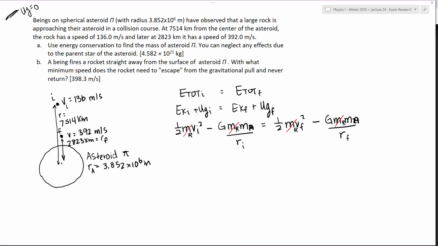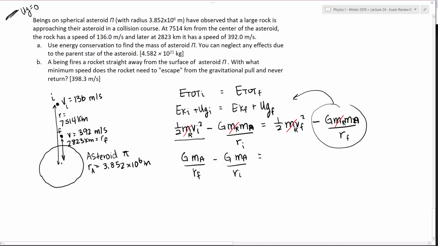So I'm going to put everything that has a mass of the asteroid on one side of the equation. So I'll bring this over here to the other side of the equal sign. So I have G, mass of the asteroid, over r final minus G, mass of the asteroid, over r initial, equals, and now I'm going to bring the 1/2 v squared to the other side of the equation. 1/2 v final squared minus 1/2 v initial squared.